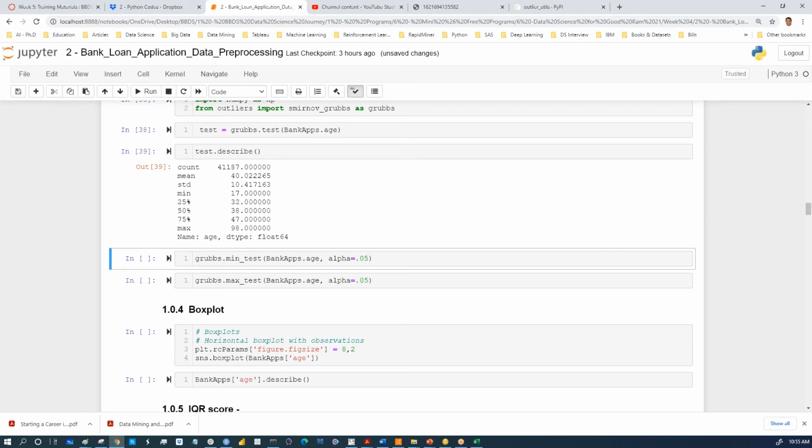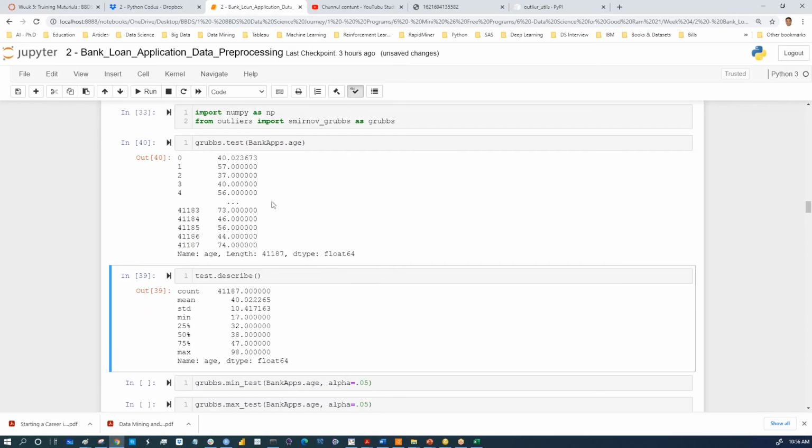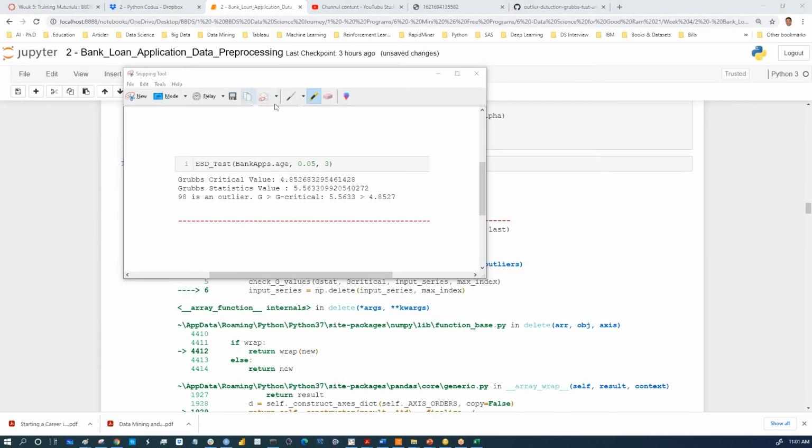I was expecting to see the result in terms of p-value, but for some reason it says here 98 is an outlier. 98 is an outlier based on the function we created.